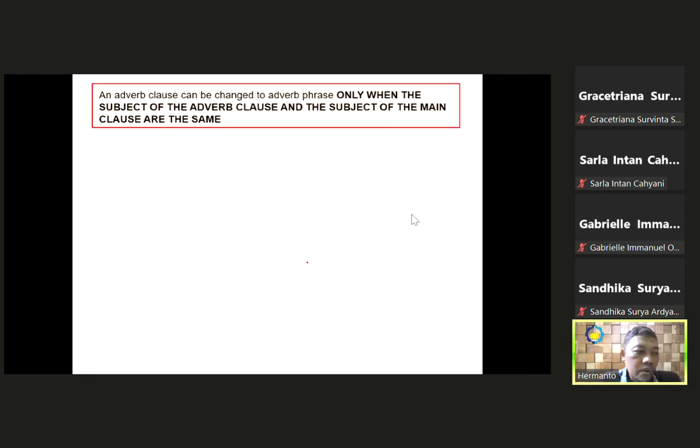Here's another requirement to change an adverb clause to an adverb phrase: the subject in the adverb clause and the subject of the main clause must be the same. When the subjects of the two clauses are different, it's better to keep the clause as it is without reducing it into a phrase.